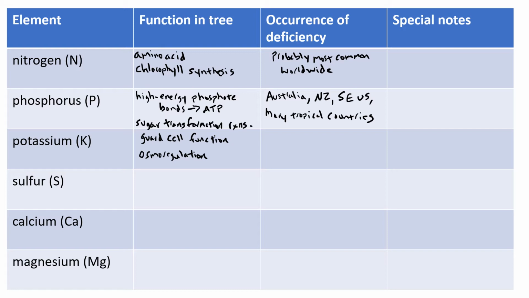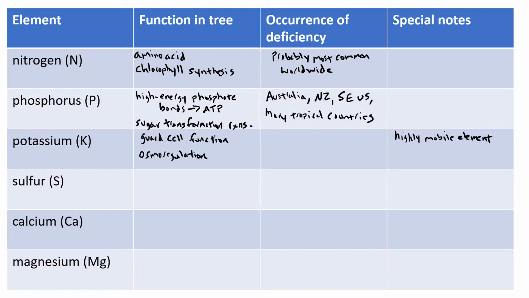A special note about potassium is that potassium is highly mobile. So it is moved around easily in trees.